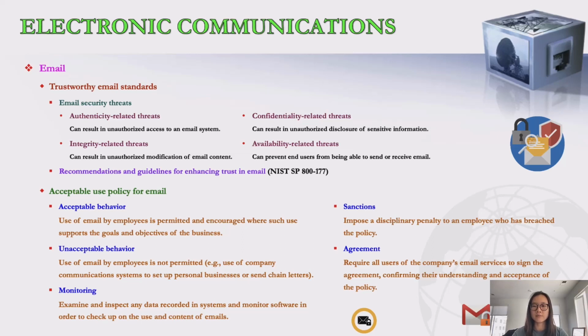enhancing trust in email. Many organizations provide email accounts for their employees to enable them to send and receive emails within their organization and over the internet. For such employees, it is recommended that an acceptable use policy be defined and agreed to by the employees. An email acceptable use policy is suggested to include the following components, and they are listed here on this slide.